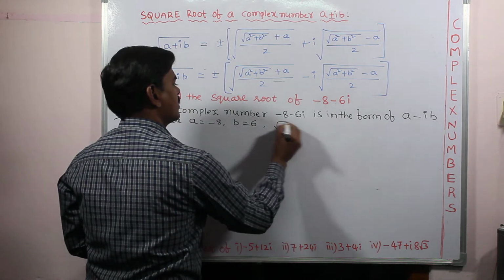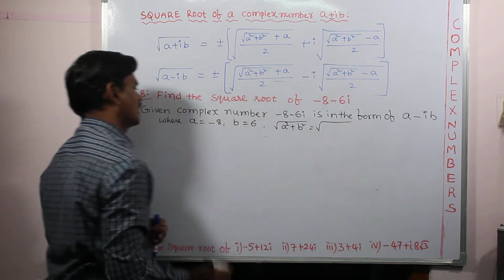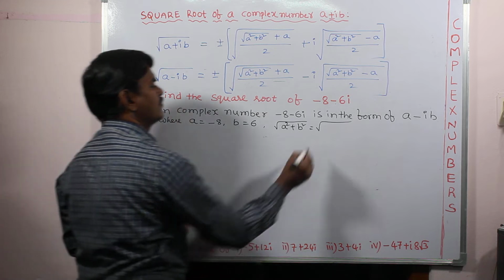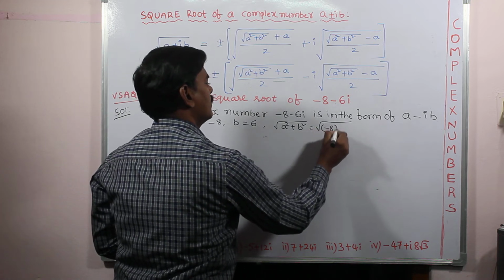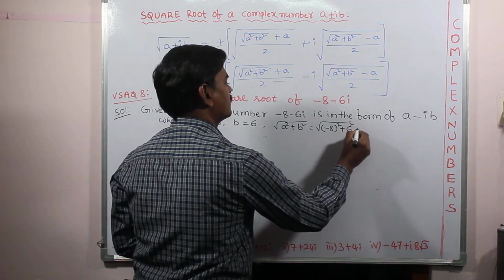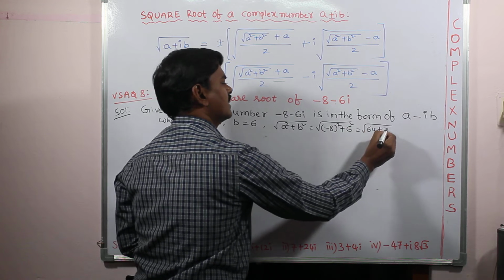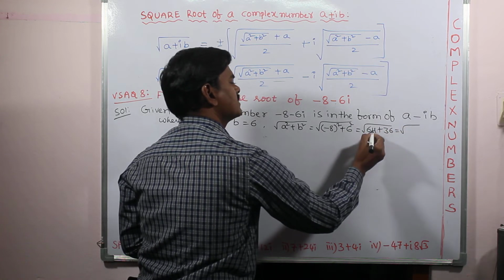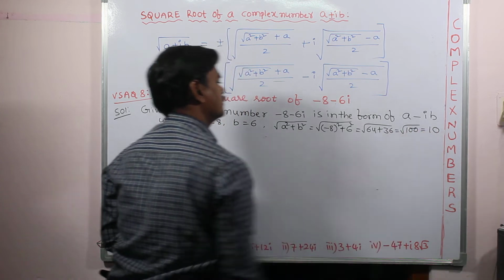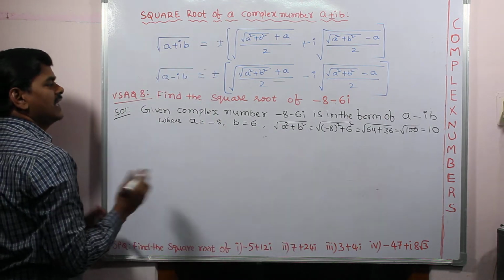Root over a square plus b square equals root over (minus 8) whole square plus 6 square, root over 64 plus 36, root over 100, root 100 value 10. So the value of root over a square plus b square I got is 10.